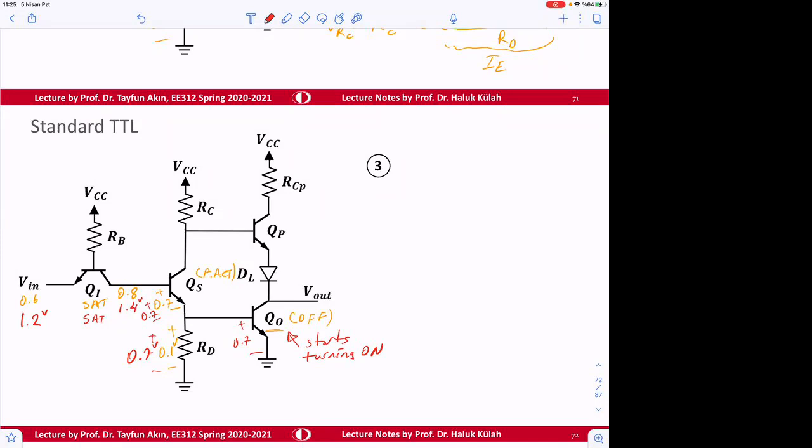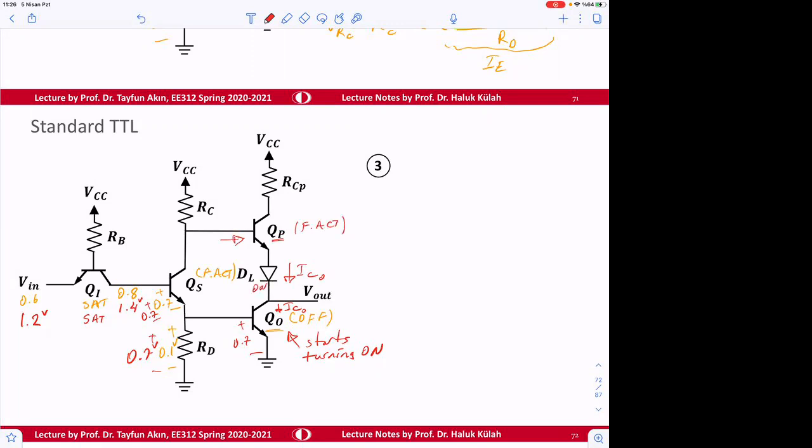So what happens if it starts turning on? Then there's going to be this collector current, coming from the collector of O, and there's going to be current coming from here. This was edge of on anyway, so this is forward active, and this one is on.